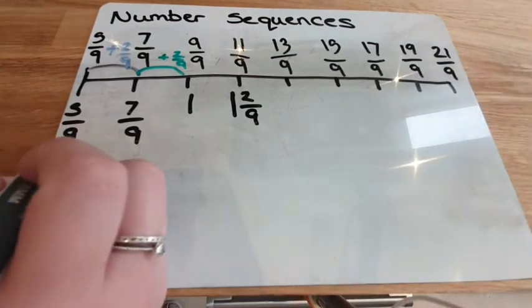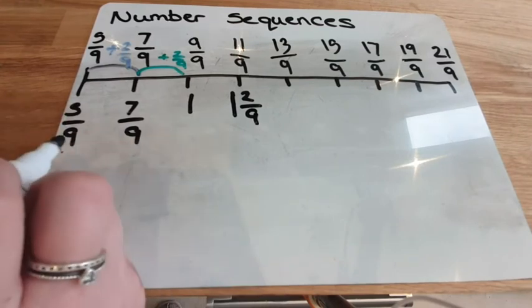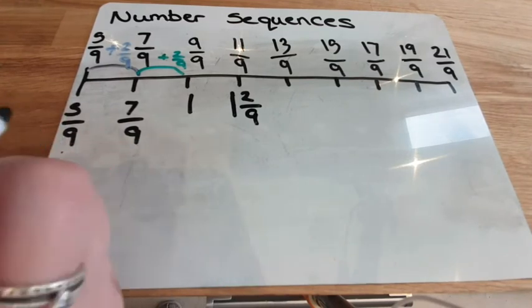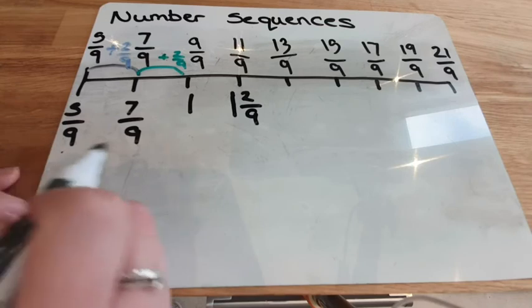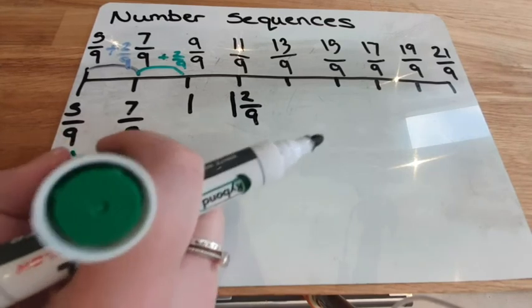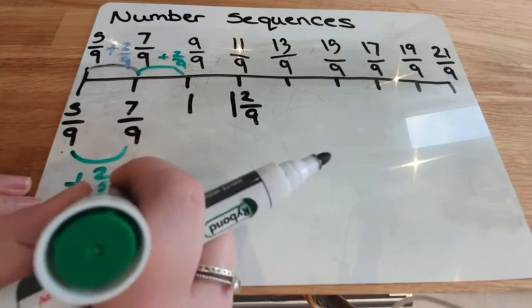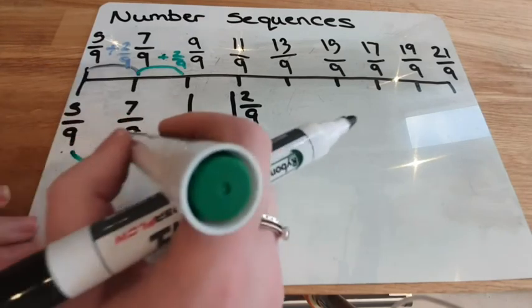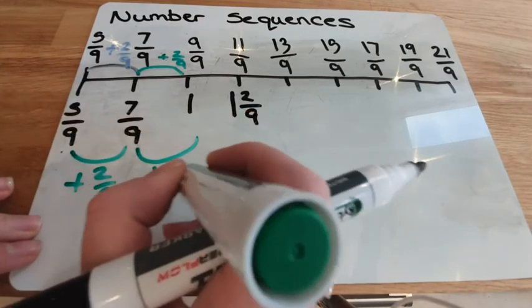So the bottom line is a little bit more tricky because these are mixed fractions. So it starts off okay, we add 2/9 exactly the same in every jump.